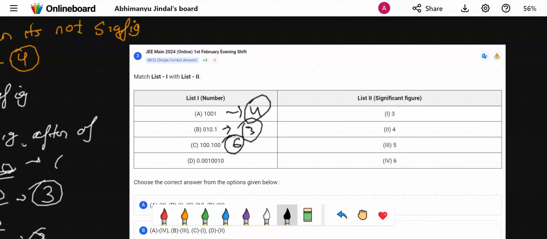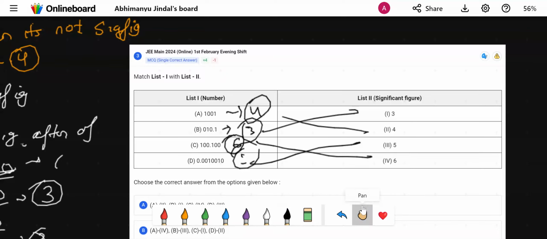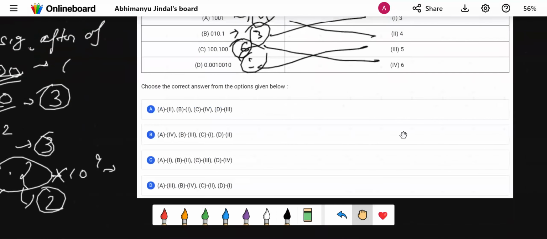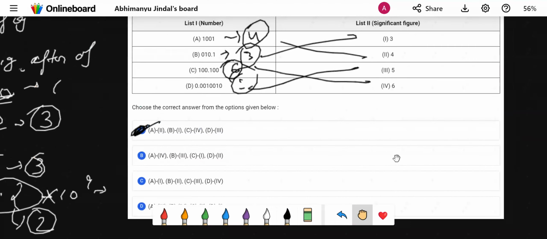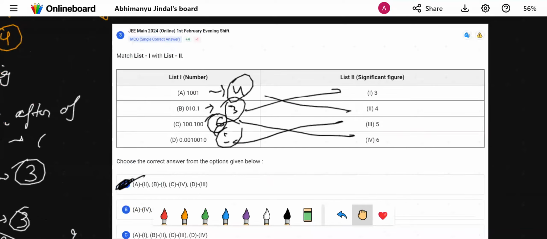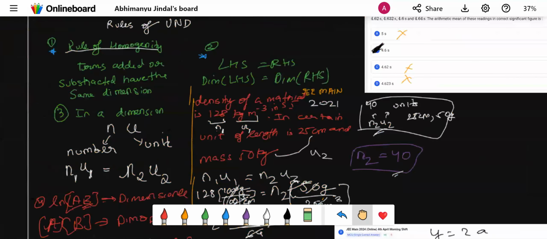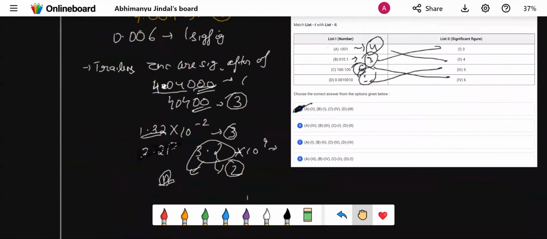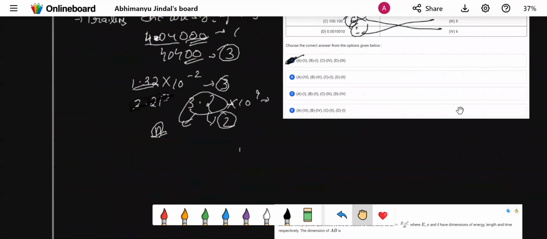Leading zeros do not count. Trailing zeros do count, 5. So it's this, and this. So A2, yeah, this one. A2, B1, C4, and D3, right?